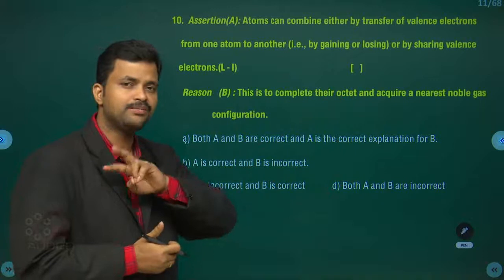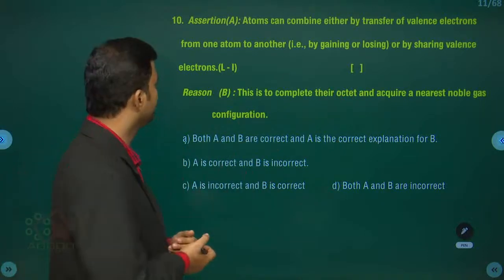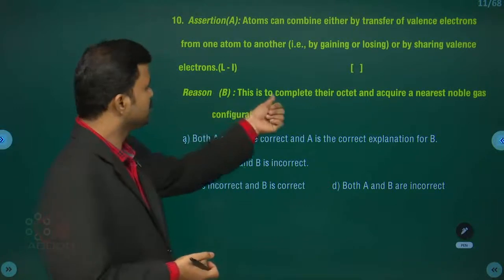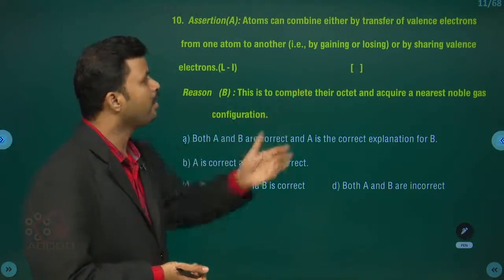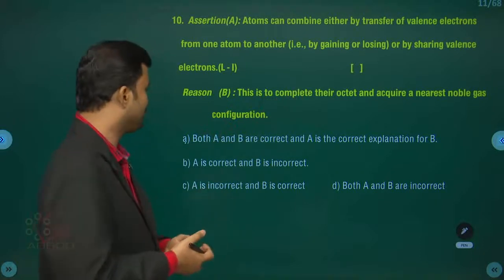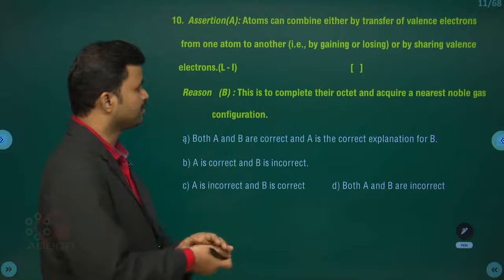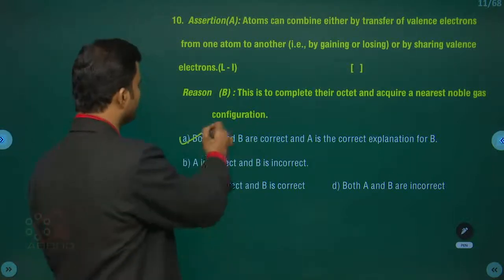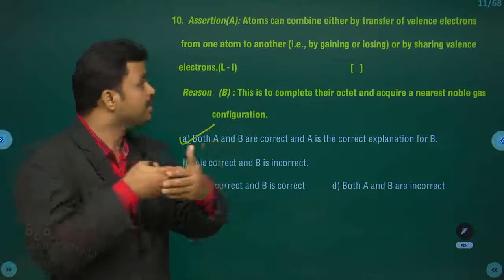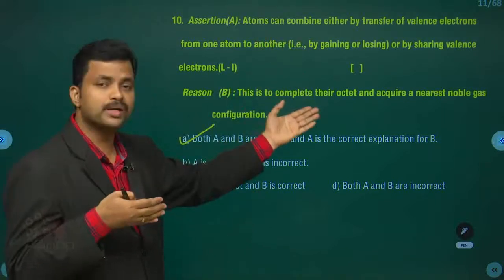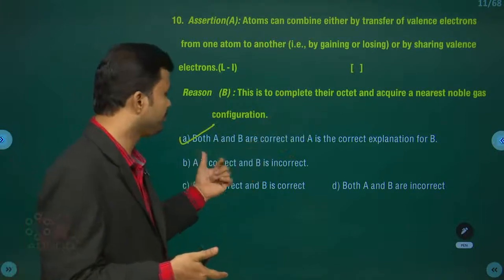The bond between a metal and a non-metal is an ionic compound. This is to complete their octet and acquire the nearest noble gas configuration. Okay, so both A and B are correct, and A is the correct explanation for B. Yes, it is true. Electron transfer or sharing is for stability only, to get the nearest octet. So the option is A.